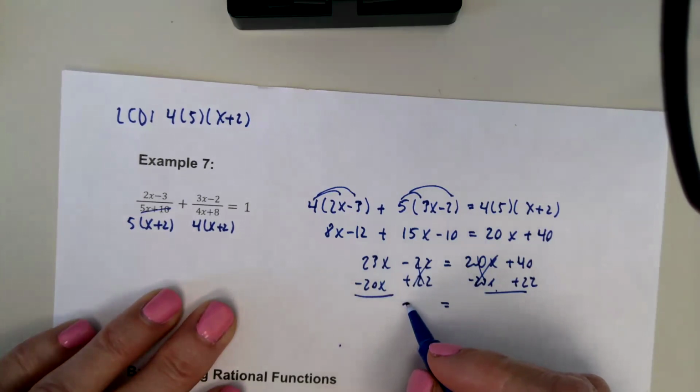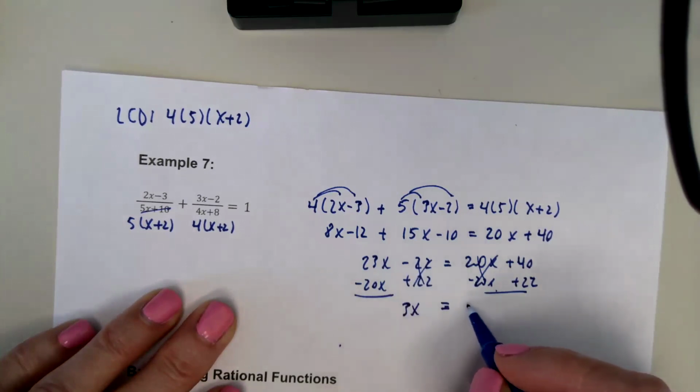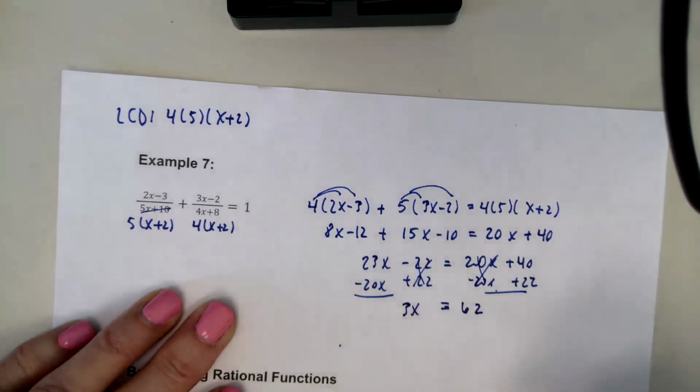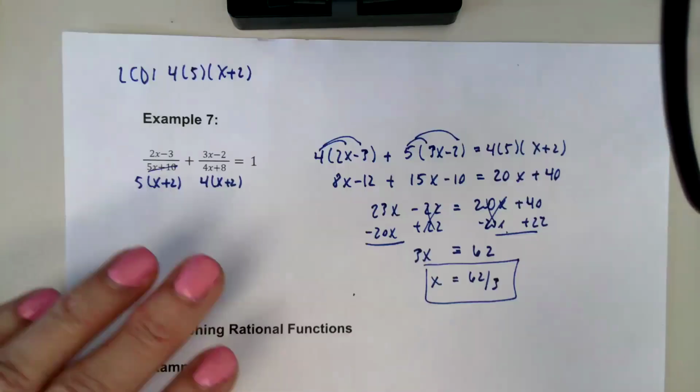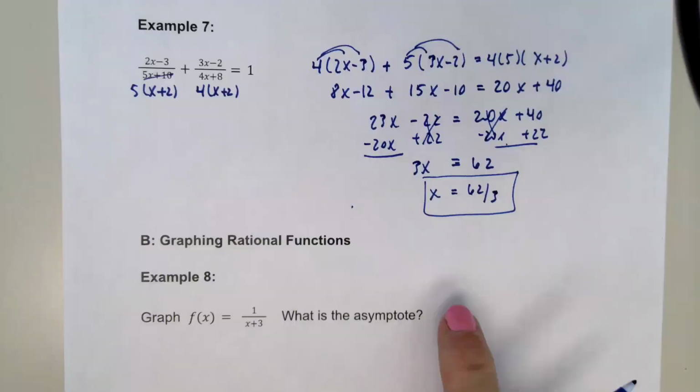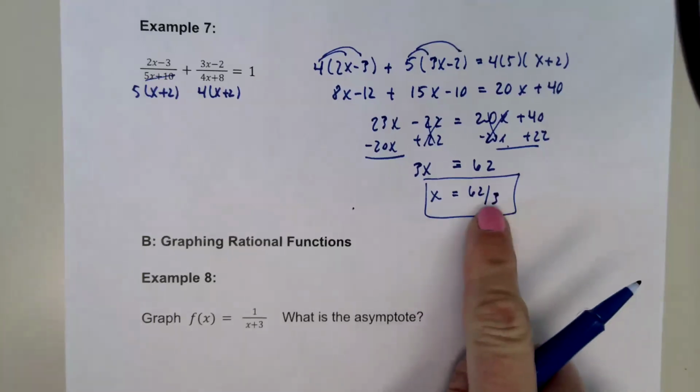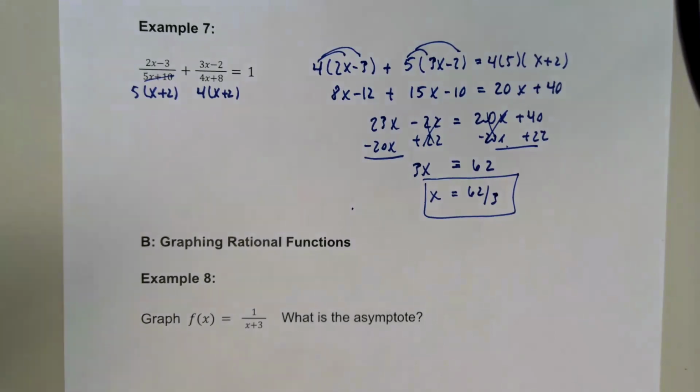So we'll have 3x on the left equals 62 on the right. And when we divide by 3, we get the result for x. And that's a fraction. We'll leave it as a fraction. It does not divide evenly.